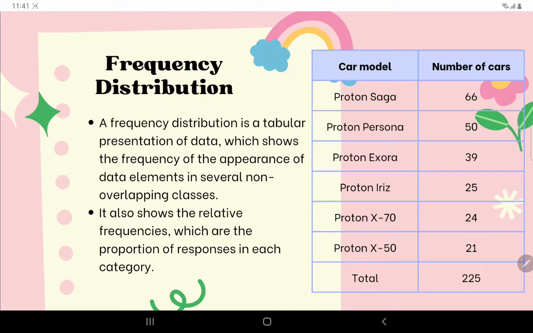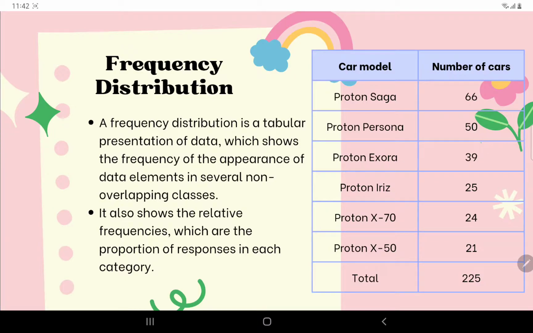For example, a car dealer in KL, Kuala Lumpur, makes sales for several types of cars in the month of January 2022, as shown in this table. The first column consists of the qualitative variable, that is the car models, while the second column is the frequency of the types of cars sold.